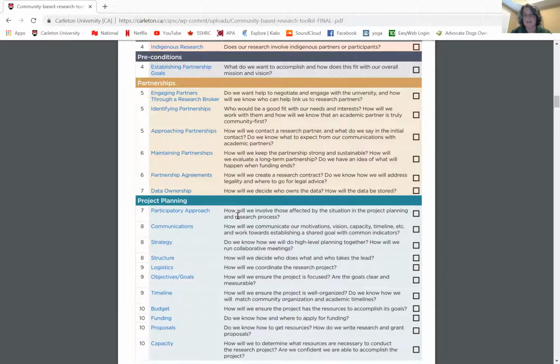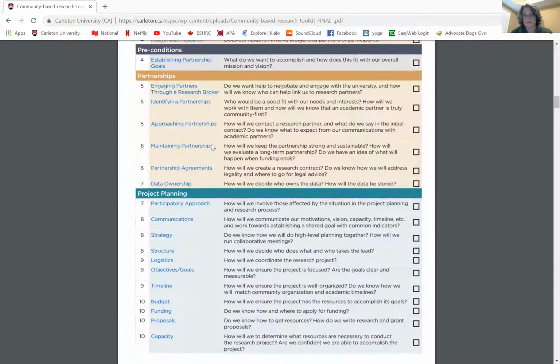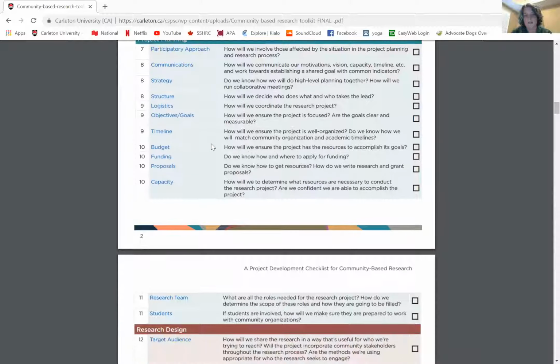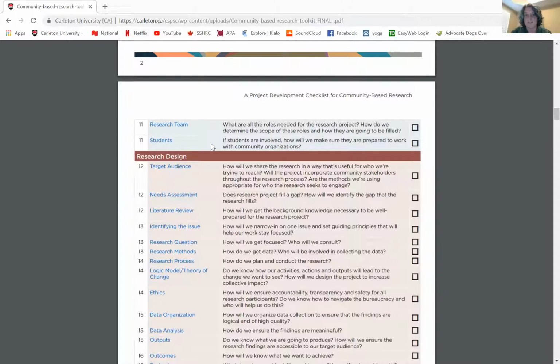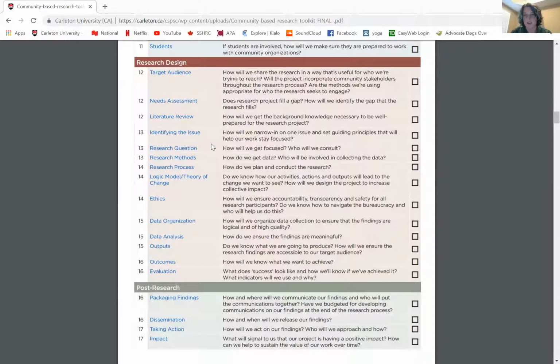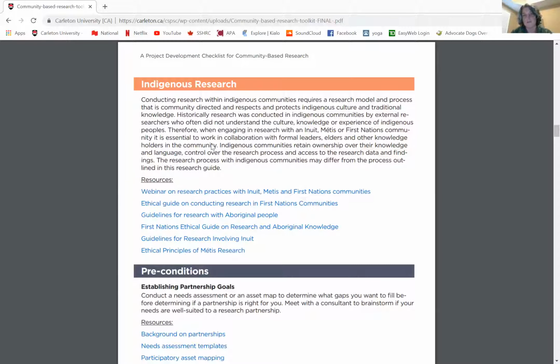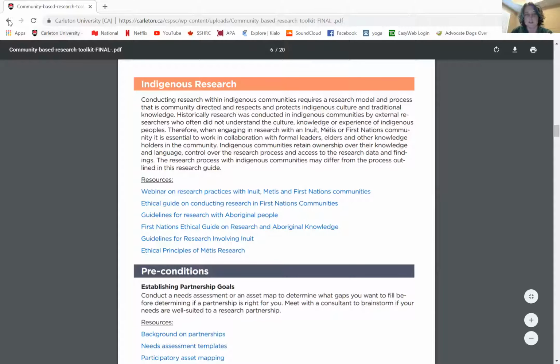We've designed the tool like a project development checklist. All these different sections are online in the different web pages, but they're available here if you want a checklist with all the information following below. There are many pages here, so I just wanted to point out that that's available.